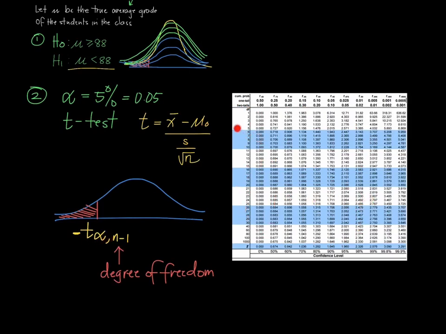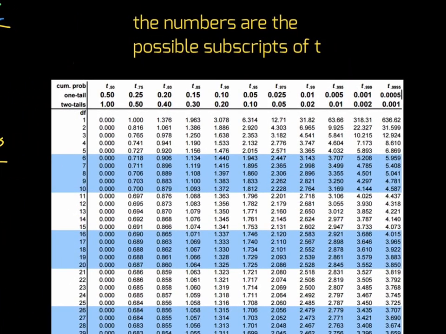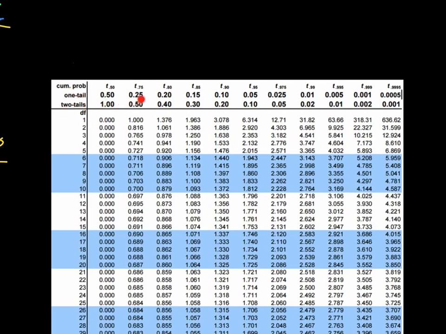The first thing that you need to note when you use this exact version of the t-table is to focus on that one tail. The numbers that you can see from the table will be the subscript of the t that we are going to use. So if my alpha is 0.25 and the critical region is concentrated on one side, then the 0.25 will be my subscript for the t.